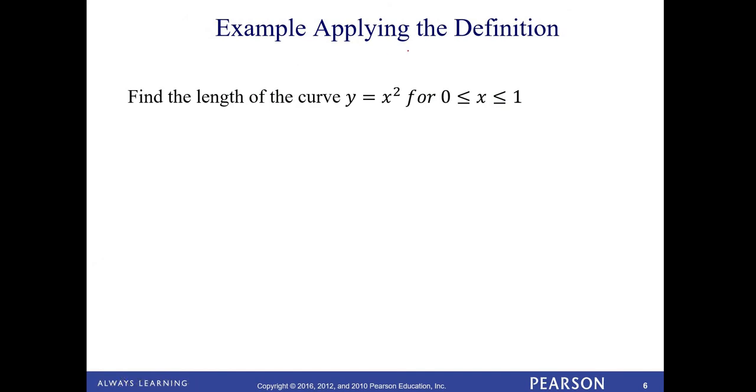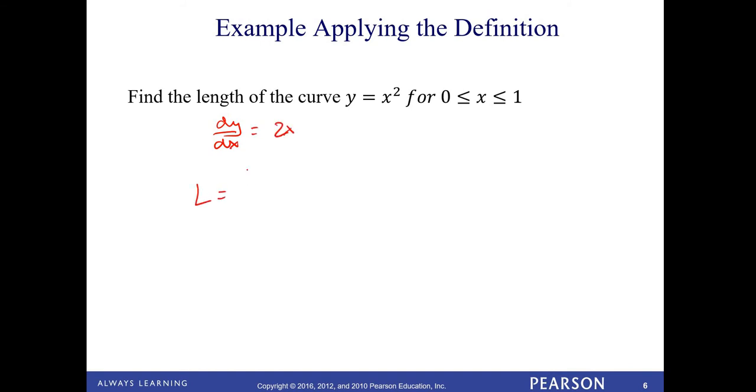All right, so let's do one. Find the length of the curve y equals x squared for x from 0 to 1. I want you to try this on your own. Remember, you've got to find dy/dx first, and then see what you come up with, and then restart the video. Okay, dy/dx is 2x.